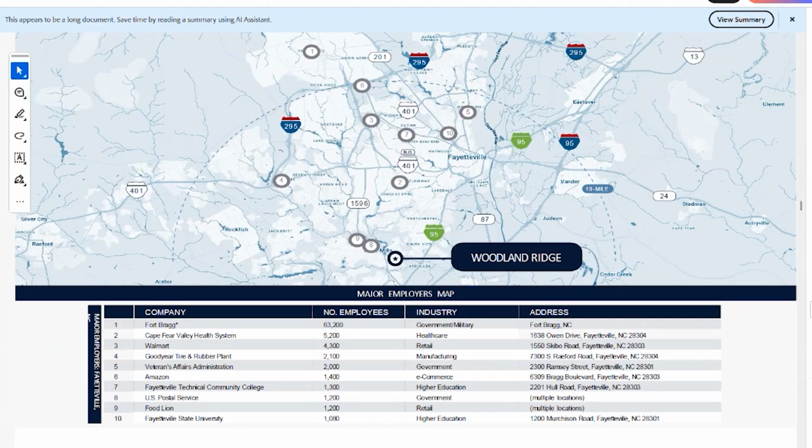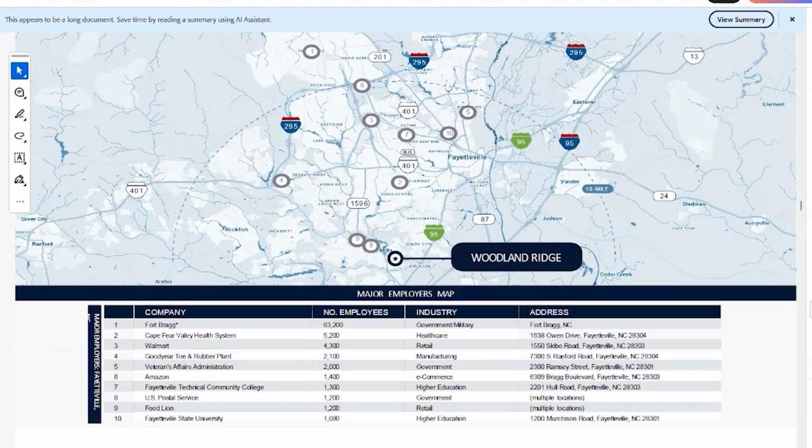Because again, if something were to affect the government or military industry here, there is a high chance that some of our tenants will be working here. I'd pretty much say there's a 90% chance that some of our tenants will be working at Fort Bragg at this property.